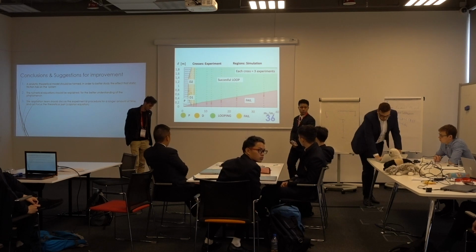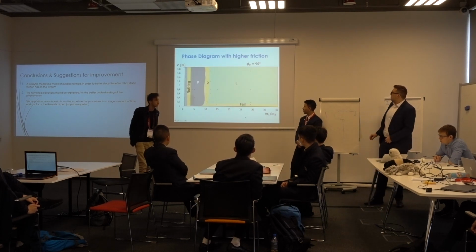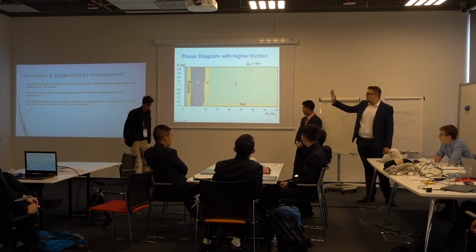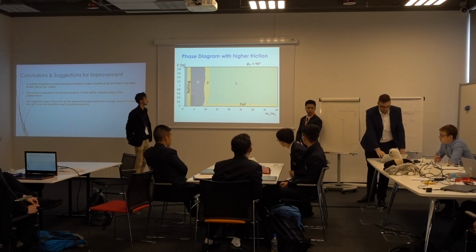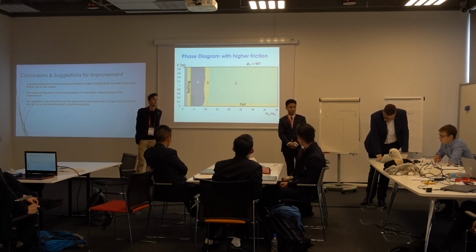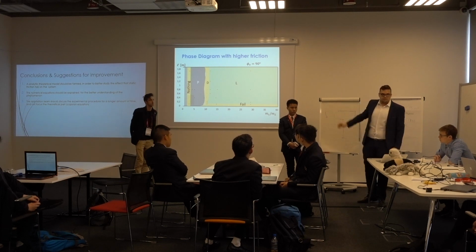So the regions would go there. Here's the experimental phase diagram with the lower friction. Is it the higher friction? Okay. And the lower friction, what would happen? The lower friction. I'm sorry, there must be a mistake on this slide. This is for the lower friction.